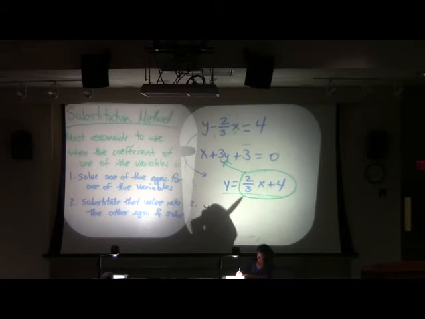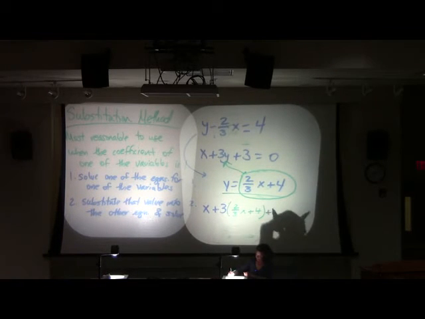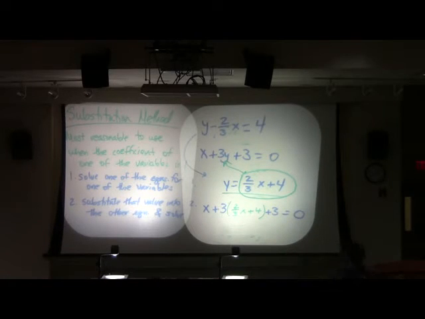You guys agree I'm going to have x plus 3, but in place of y, don't I have y must be 2/3 x plus 4? Do you see what I did here? I tried to color code it. Are there questions this far? Okay, now our next step is to do some algebra. I have an x.